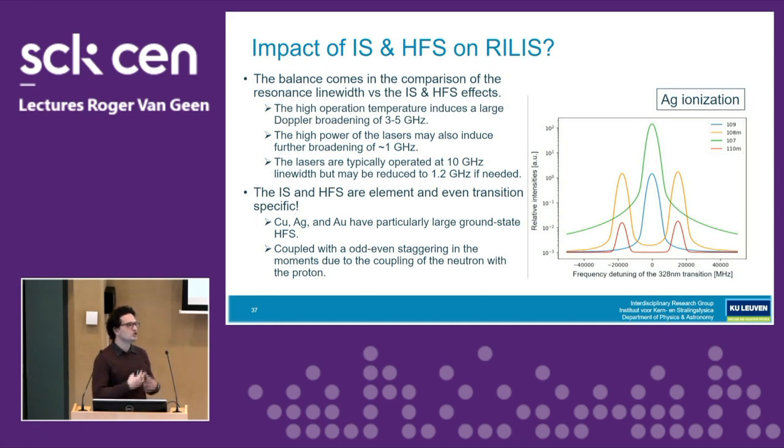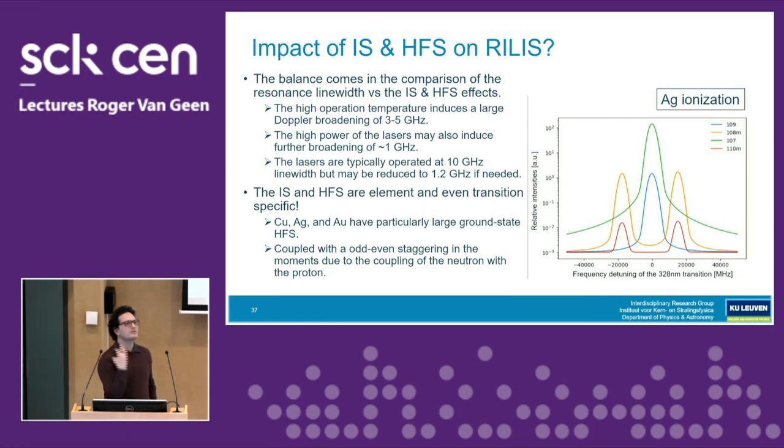It creates a Doppler distribution. Basically, hot means flying in all sorts of directions. Flying in all sorts of directions means Doppler effect. Like, you know, the ambulance passing by and changing its sound, well, it's the same. Or the galaxies flying away from us. And here you have the same. And that distribution gives you a broadening of 3 to 5 gigahertz.